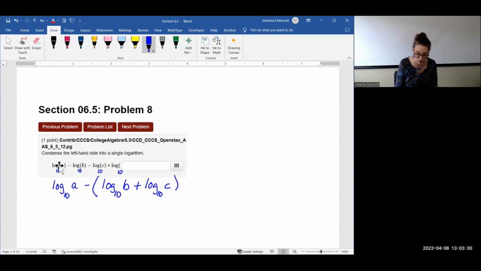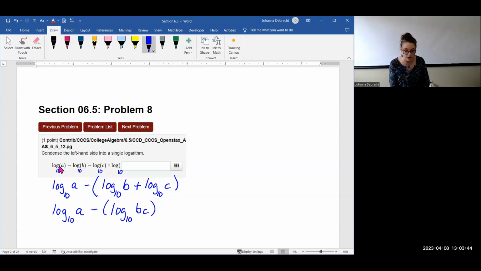And then you're going to contract those into multiplication. And this becomes log base 10 of b times c. And then you have just the one subtraction. And subtraction, you know, converts to division. Anything that's positive was in the original numerator in the condensed form. And anything that was from a negative logarithm goes to the denominator. So you have log base 10 of a divided by bc.